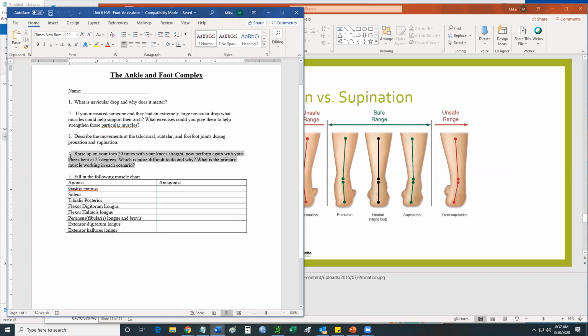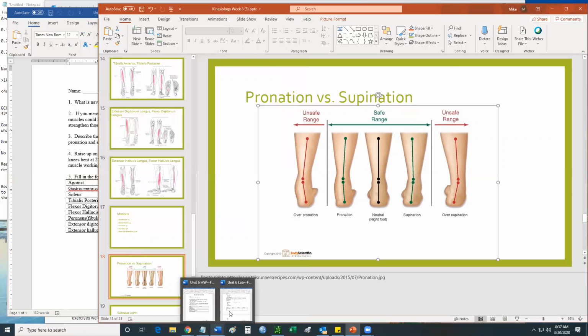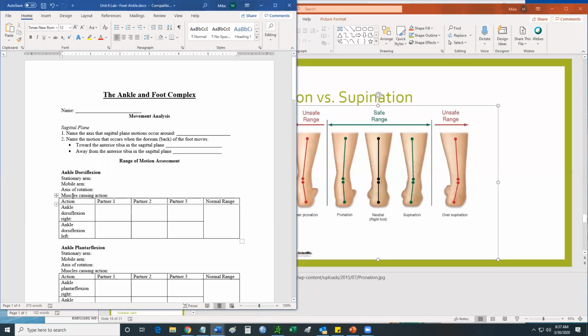By now, you should definitely know how to answer number 4 for your homework here. And then, like I said, we'll cover this on Wednesday, and then we'll also cover all of the range of motion manual muscle test movements.